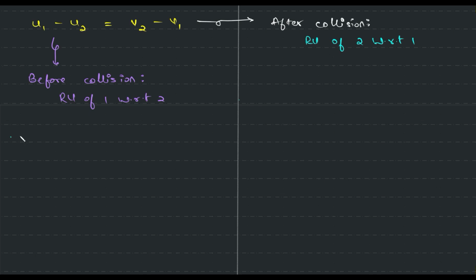So I have an example for you that will make it a bit clear. Say we have object A, object B, and the mass and the velocity. The mass will not change. All of this is in kg, and this is in meters per second.